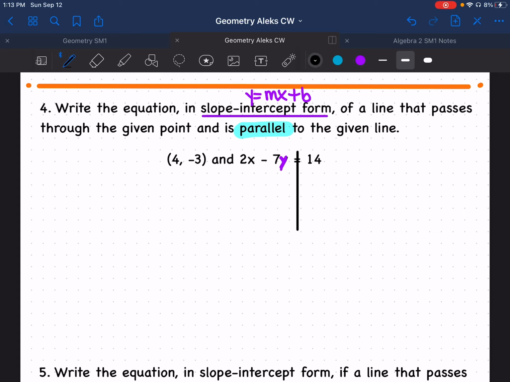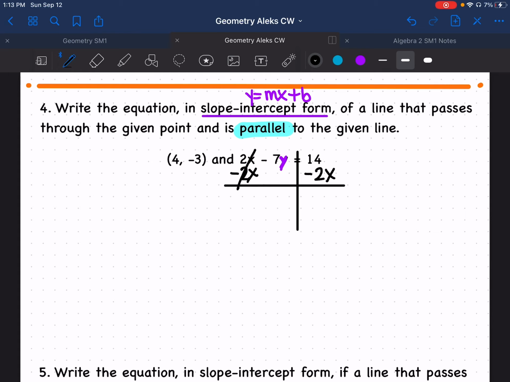The first thing I do every time is take the x value and move it to the other side. Now it looks like it wants me to get rid of the minus by adding, but it is a positive 2x, so I need to go ahead and subtract it. I need to do the opposite of what the x is itself.